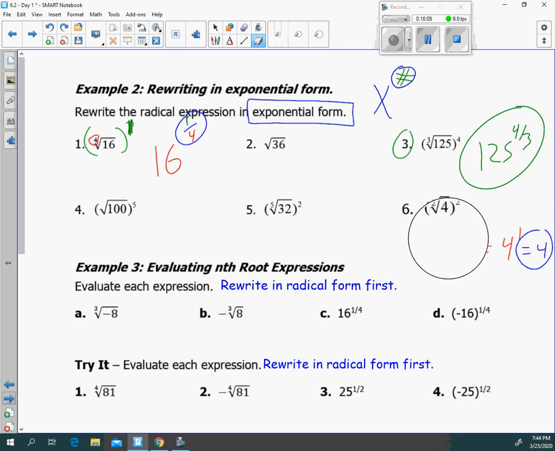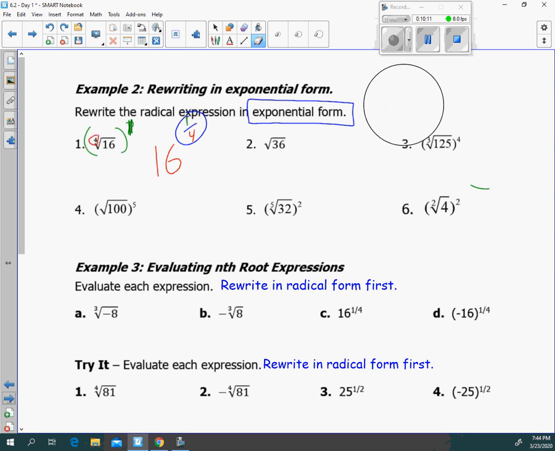Hopefully, you can pause it there if you need to study that a little bit more. But number 2, I only see the numbers 36. I don't have the numbers to give me the top and bottom part of a fraction. Okay? Well, just like number 1, on that 16, the exponent on the top is 1.